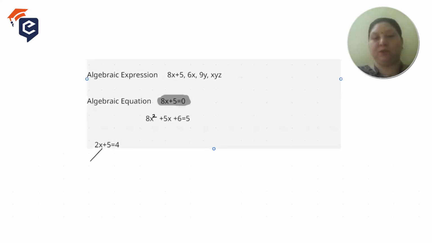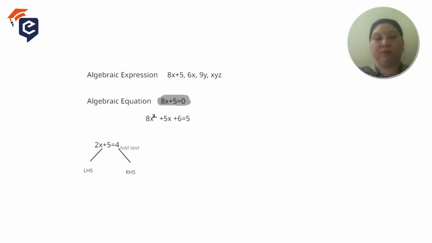The terms on the left hand side are known as LHS, and the terms on the right hand side of the equal to sign are known as RHS. This equal to sign represents that both sides are actually equal.